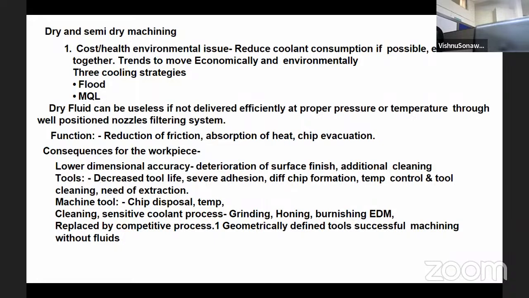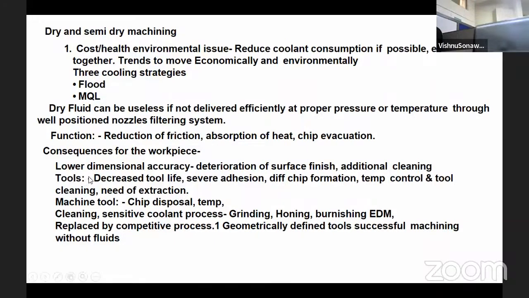Clean and pure oil is supplied to the system using a hydraulic power pack. Its function is to reduce friction, absorb heat and evacuate the chips.